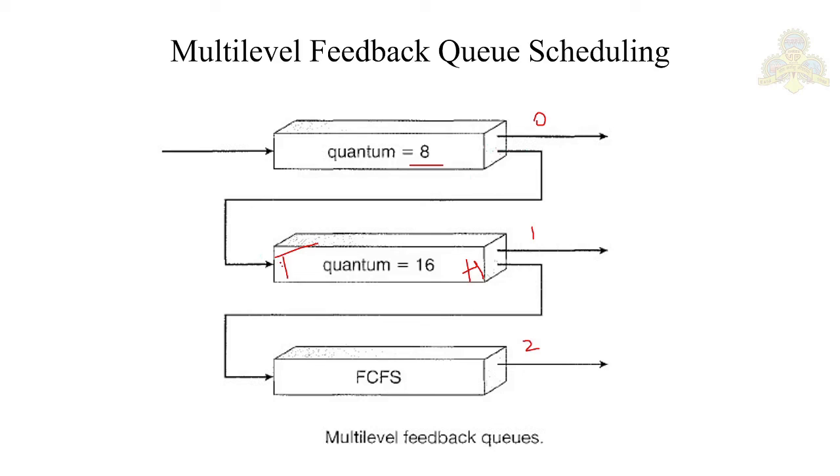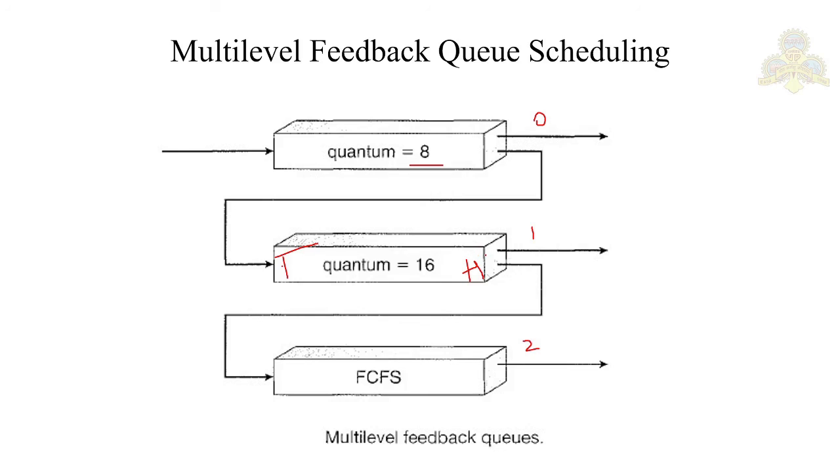So if Q0 is empty, then the processes present in Q1 would start executing, from the head. Whichever process is present at the head of Q1 would be given 16 milliseconds and executed.